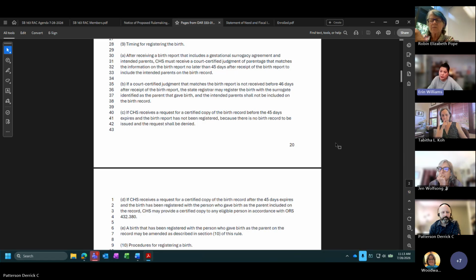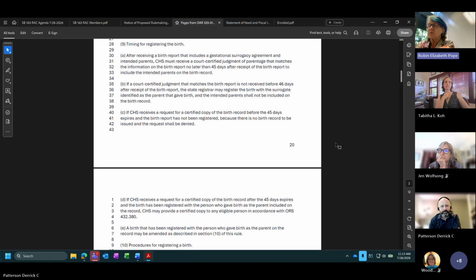So there would be a report, but no record and nothing to be issued. And that is a policy decision, I believe. Yes. How much verification do you want that these are the child's legal parents, the intended parents? That's a policy issue. I don't think we can decide that on this committee, but there you go.